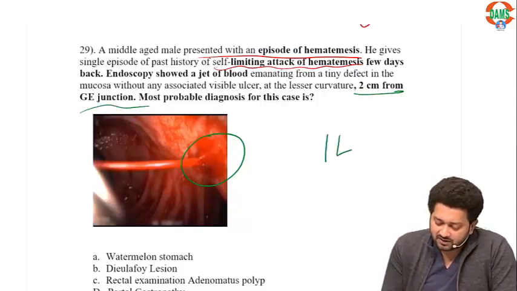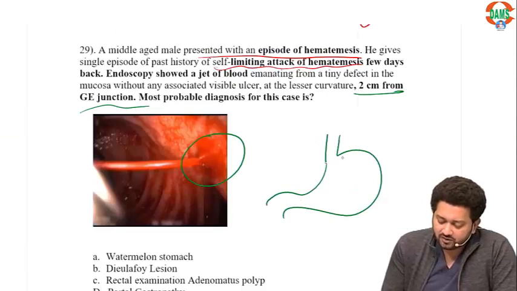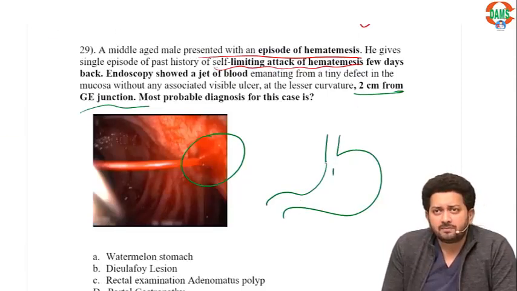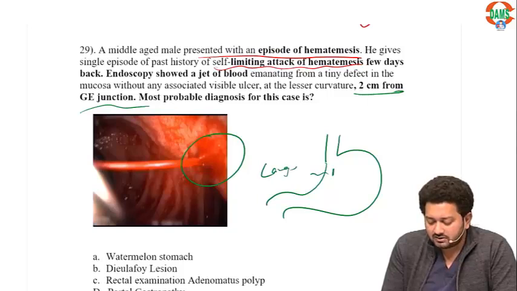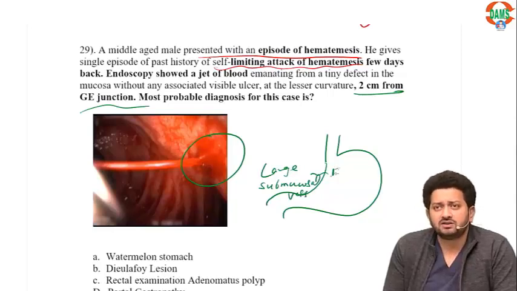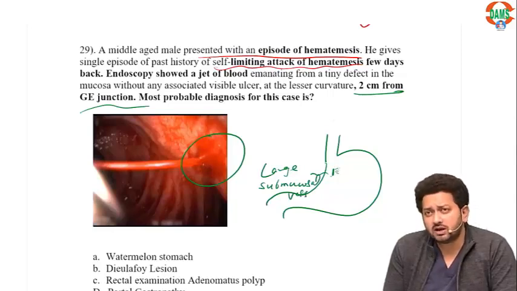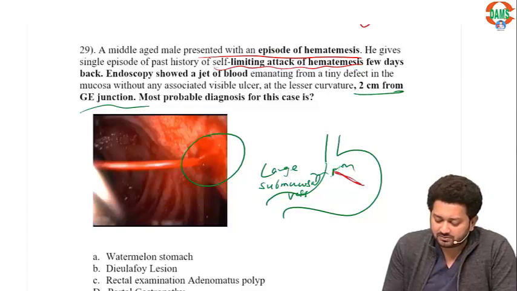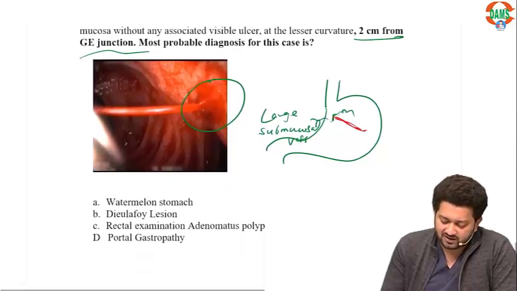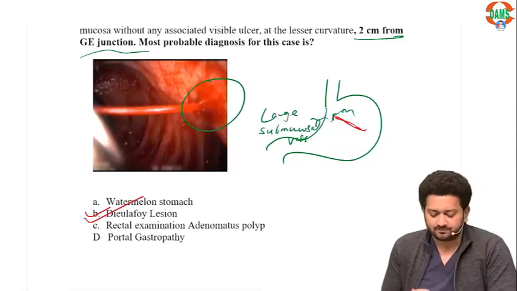So this is a very classical case of Dieulafoy's lesion, in which within 6 cm from the GE junction there is a large submucosal vessel, usually more than 3 mm in diameter. When it pulsates, it will erode the mucosa anterior to it, and now when the gastric acid comes in contact with it, it will erode the vessel wall, which will cause this bleeding. So this is a very typical Dieulafoy's lesion.